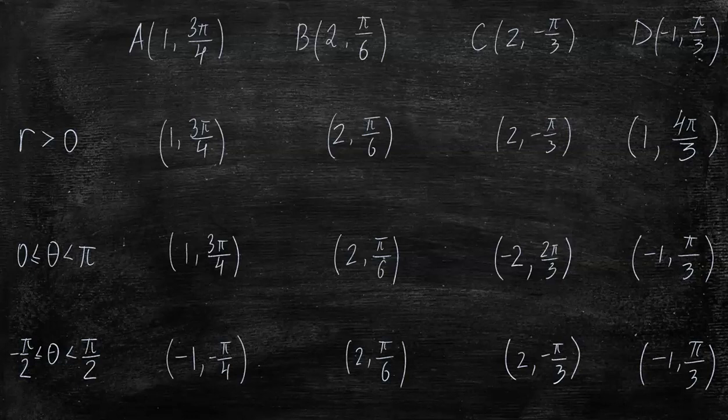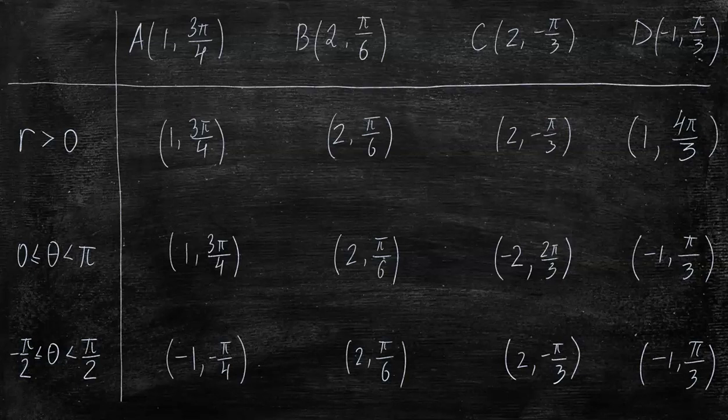So what we know from this exercise is that every point can be written in more than one way. Any issues that we're going to have with polar coordinates will be due to this fact.